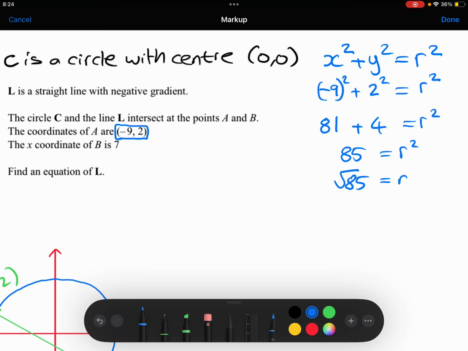So the equation of the circle is x squared plus y squared is equal to the radius squared, and we now know that that radius squared is 85. So that's the equation of the circle.